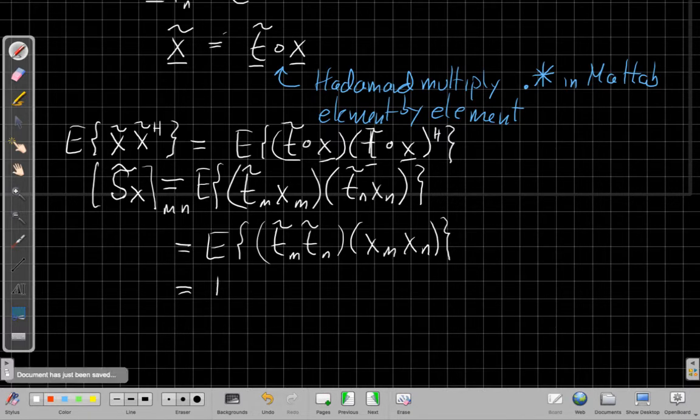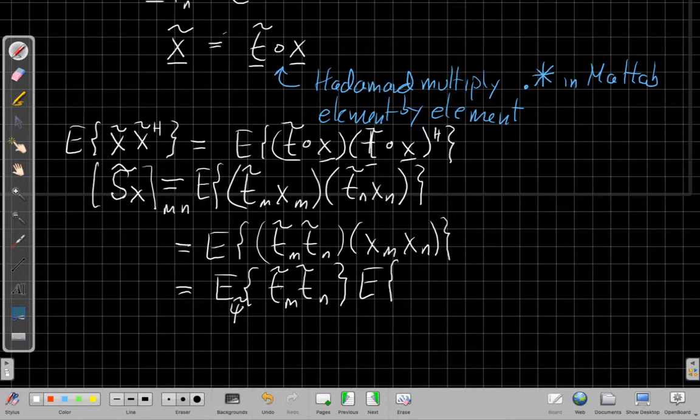Yes, I can write it as the product of expectations because the phase error is independent. So this is the expected value over the phase error, or the sort of random taper term.